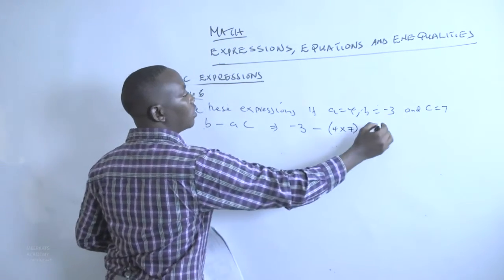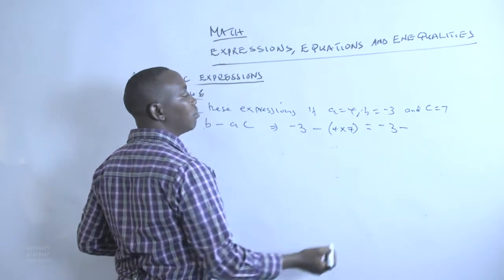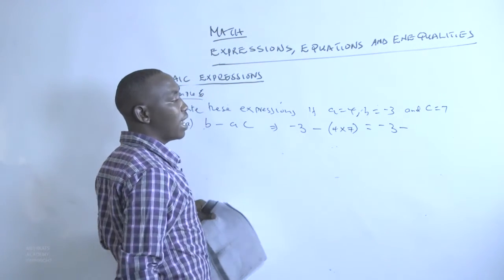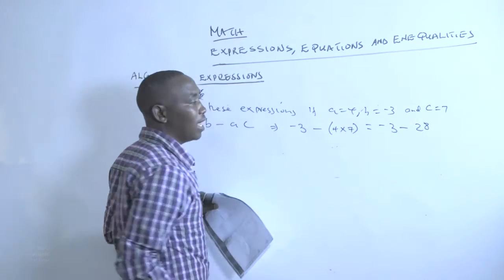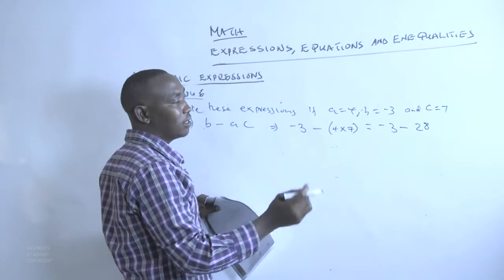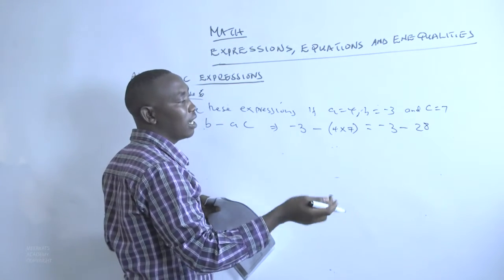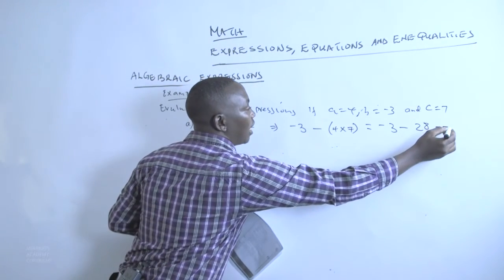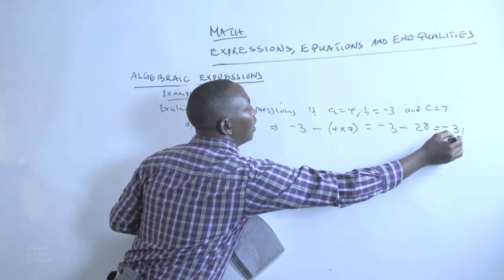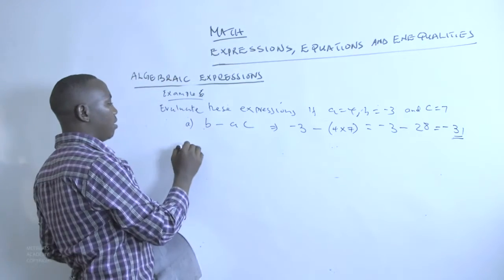So this will give us -3, subtract 4 multiplied by 7, we get 28. And therefore, -3 subtract 28, you'll get negative 31.